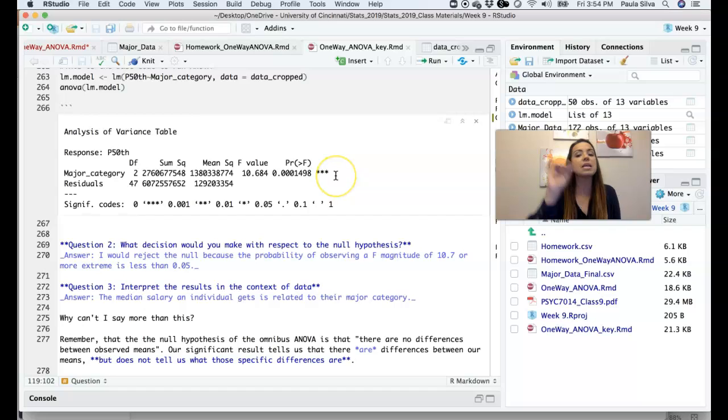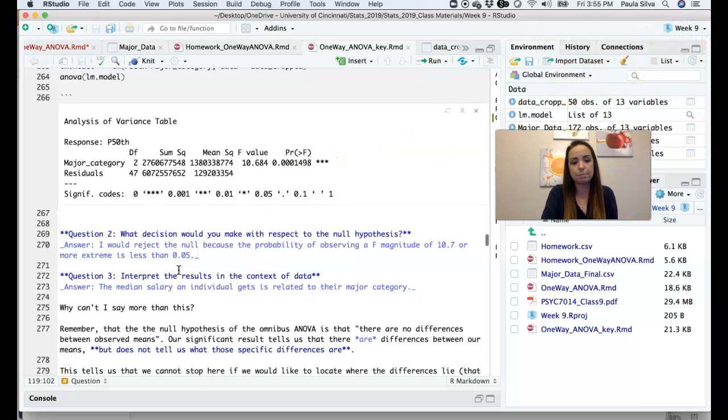If that probability is very tiny, we assume that the null hypothesis is not true because it's not likely to observe such a high F ratio, which suggests that there is much more between groups variance than within groups variance, right? So it's useful to have these 3 means to capture our data, which suggests that at least 2 of them are different. And the probability is less than 0.05, so our decision here would be to reject the null hypothesis.